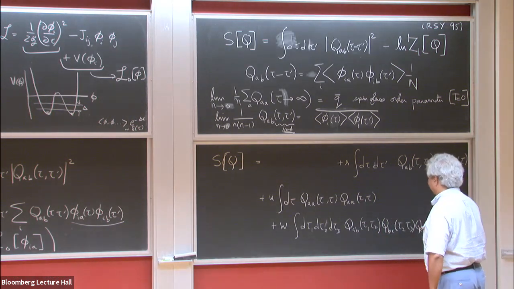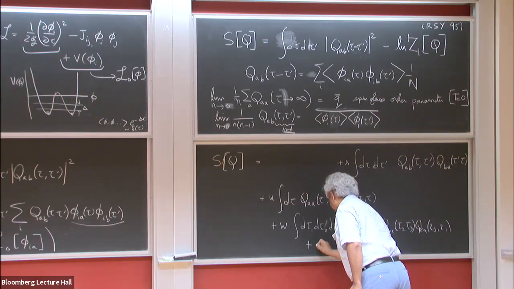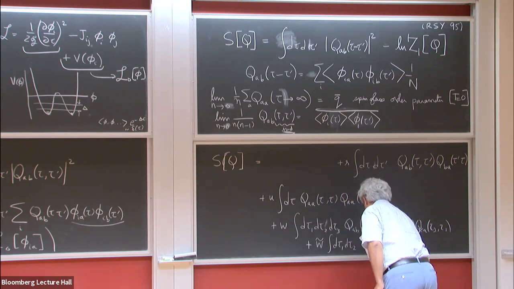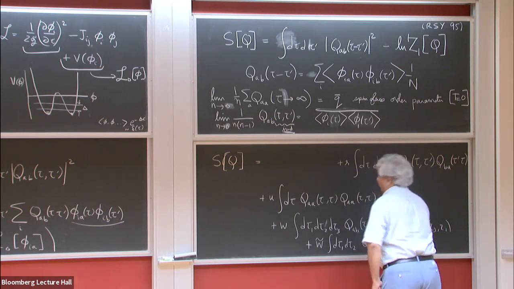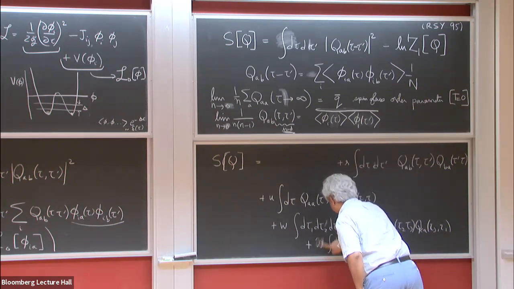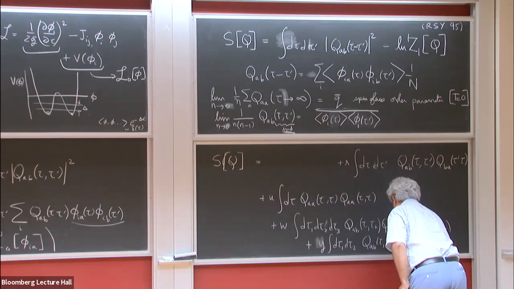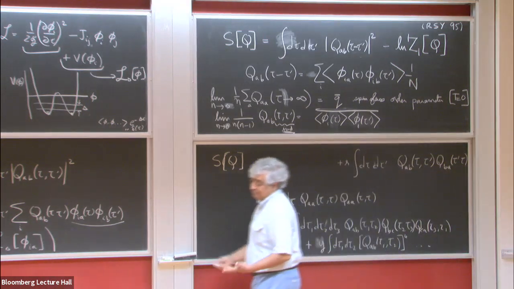And there's many more. There's other cubic terms that Felix pointed out recently, which we didn't take into account, but they don't matter as much. Things like d tau 1, d tau 2, something like QAB of tau 1. No, actually, that won't be present for this model. But let me write another one: QAB of tau 1, tau 2 to the power 4. Okay, so this is the general Landau functional.